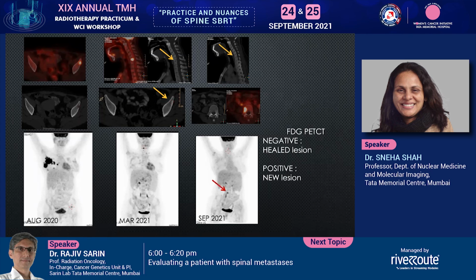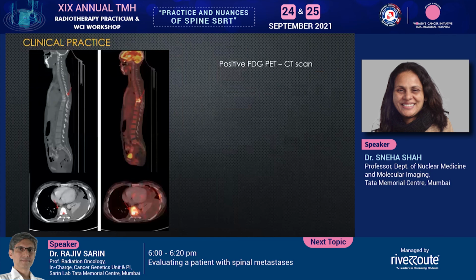An FDG scan is generally negative on a healed lesion, whether it is lytic or sclerotic, as seen in this picture. Positive uptake could tell you that there's a new lesion, but we are not very confident. Healing may not show sclerosis. Positive uptake is possibly mets, but it could also be something else.